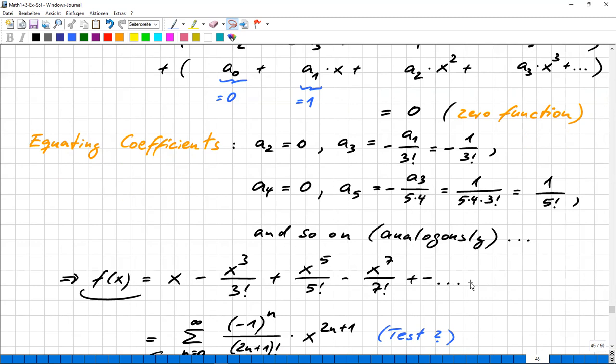So this is probably already familiar to you because it's one of the most famous so-called Taylor series, which belongs to our sine function, which is the most important harmonic, periodic function, which is, as you also know, the standard solution of any harmonic oscillator equation in the case without damping.